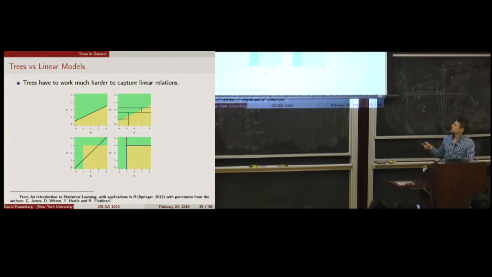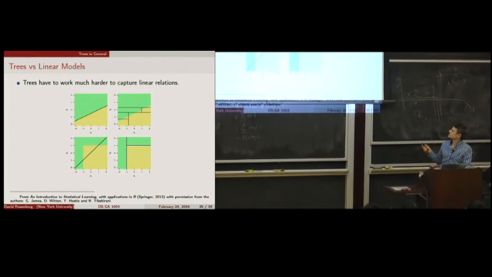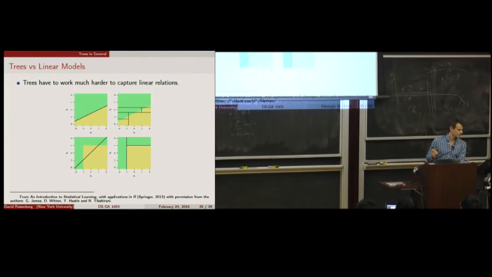Our prediction function could easily match this line and perfectly separate these two regions. But to get this diagonal line with trees is very difficult. It has to have lots of splits to even approximate this diagonal separation between the classes. Whereas with these box-shaped regions, linear has a very difficult time separating the regions. It has errors, whereas with trees, it can separate them exactly.